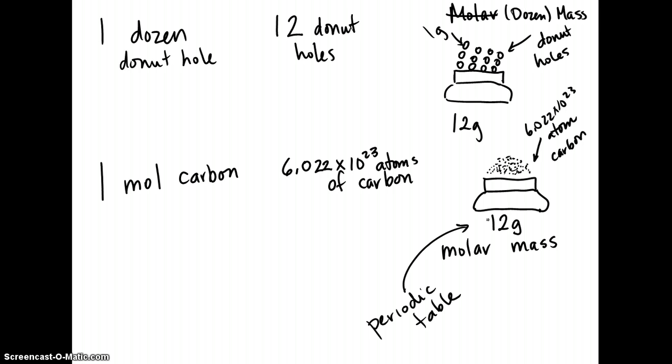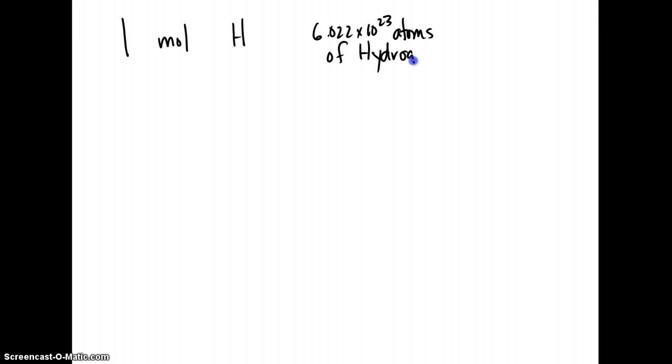So let's say, for example, we know that 1 mole of hydrogen is 6.022 times 10 to the 23rd atoms of hydrogen. That's how many I have. And if I place all those on the scale and just had hydrogens, they would weigh 1 gram.